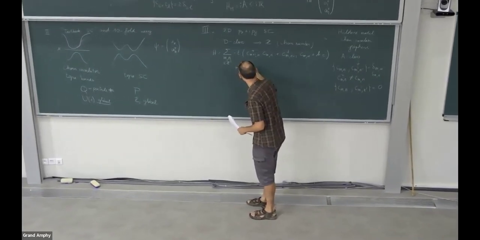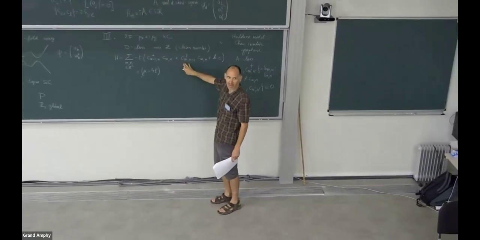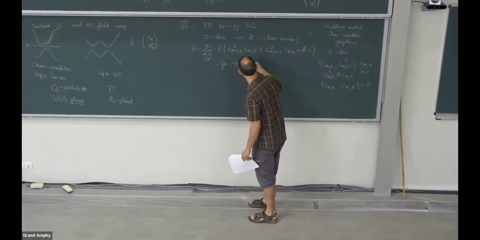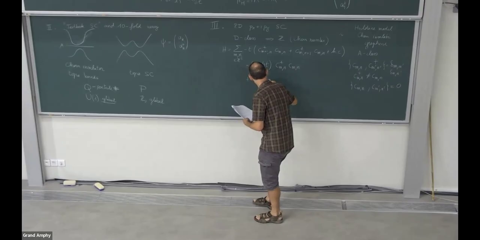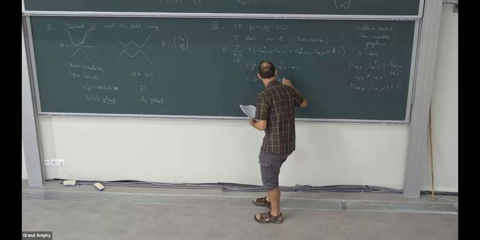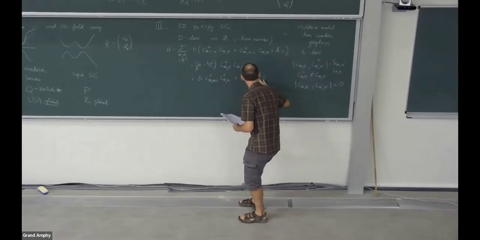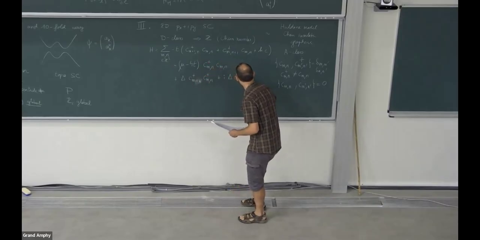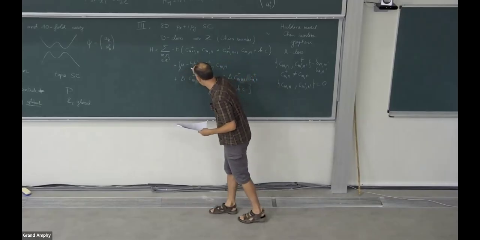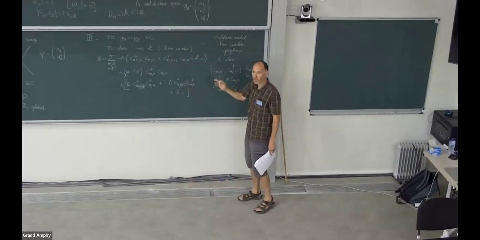Then there is some chemical potential that I shift in order to have the zero of energy at the bottom of the band of the square lattice. And then there is some pairing. So hopping on a square lattice: if you solve just this part, you will obtain the usual band of the square lattice.